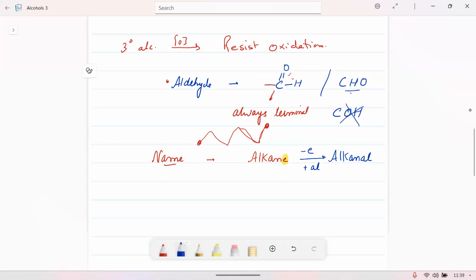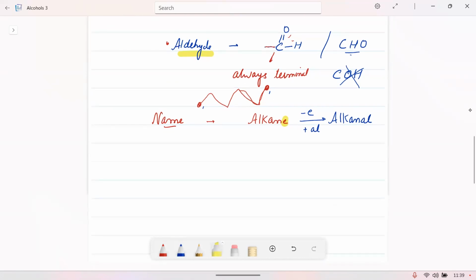It becomes alkanal. You don't need to write any positions. The reason is it is always in the first position. If it is here, you will start counting from here. If it is here, you start counting from here. Because the rule is that the carbon of the functional group should get the minimum possible number. This is all about your aldehyde.